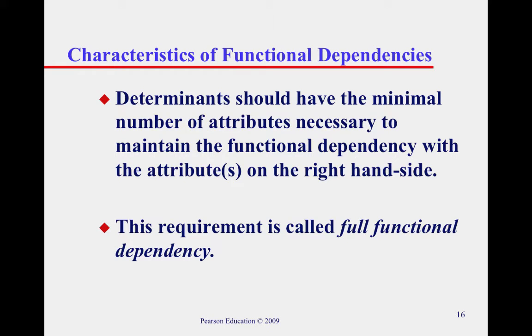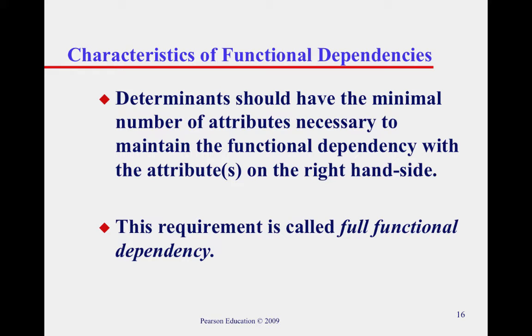Now, when we talk about functional dependencies, we want the determinant to be the minimum possible number of attributes. Just like, remember, we had super keys versus candidate keys. Okay, same thing here.